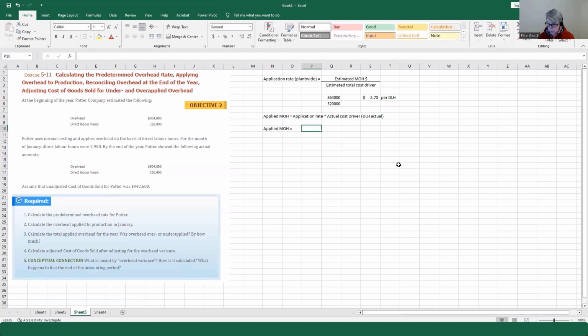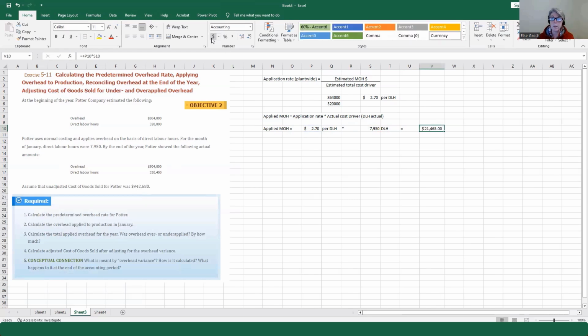We're going to take the application rate, $2.70 per direct labor hour, and we're going to multiply it by the actual direct labor hours for January, 7,950. So 7,950 direct labor hours, and this is going to equal the amount that's applied. There we go. That's dollars. $21,465 is going to be applied. Perfect. So now we know what was applied in January.